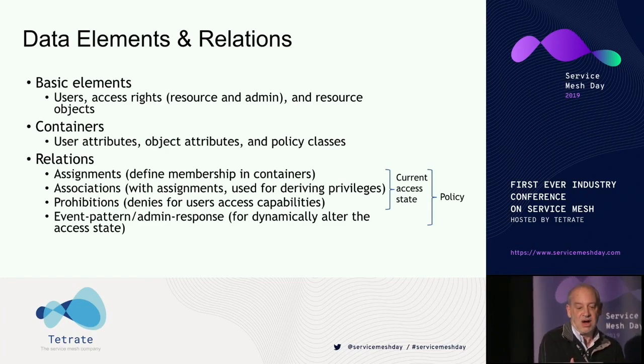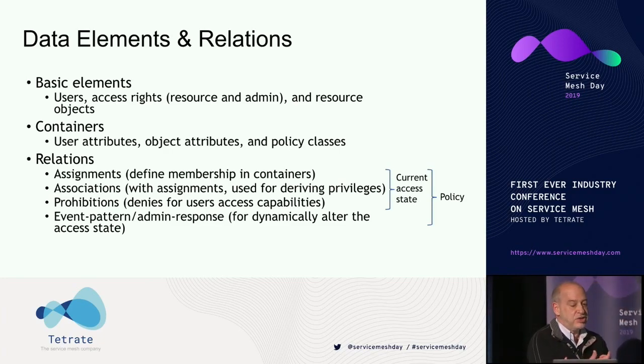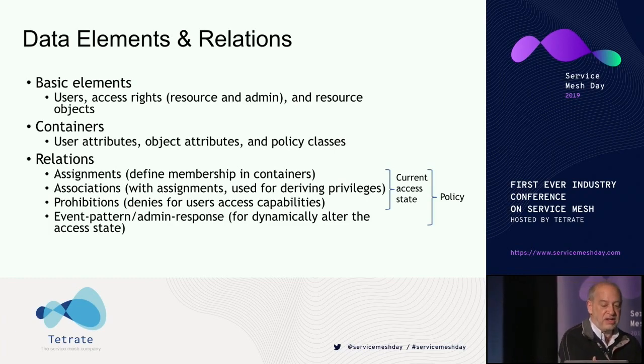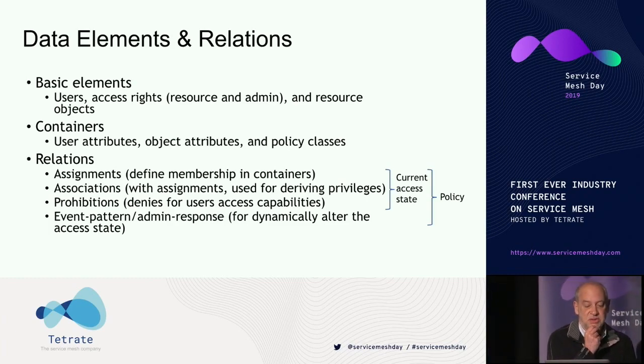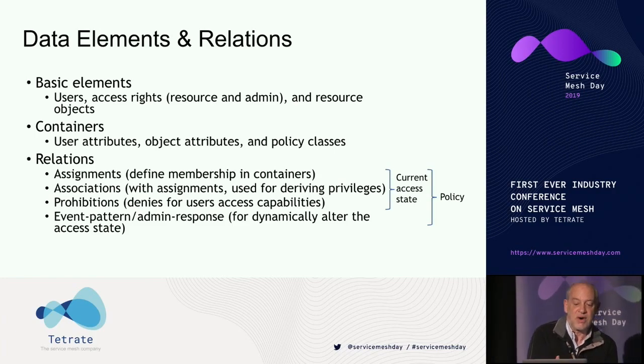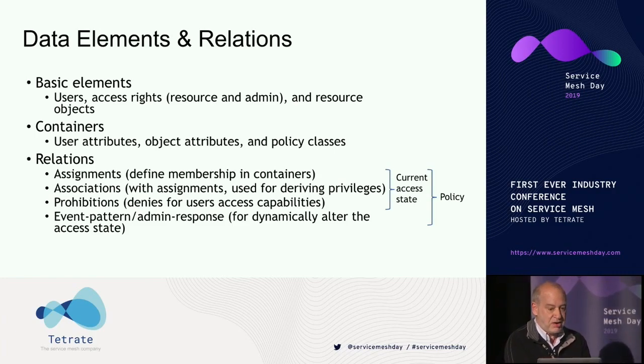So we have three types of containers: user attributes, object attributes, and policy classes. And finally, a set of relations, which are just assignment for creating membership into containers or attributes. Associations with assignments can be used to derive privileges.